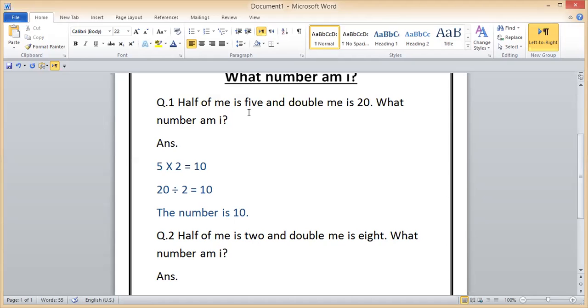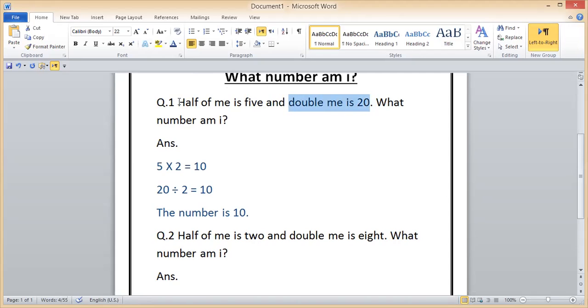Sharif, first you have to listen to me. If you don't listen, how will you understand? The question is saying half of me is 5, and double of me is 20. You have 2 hints. From both hints you can find the number.